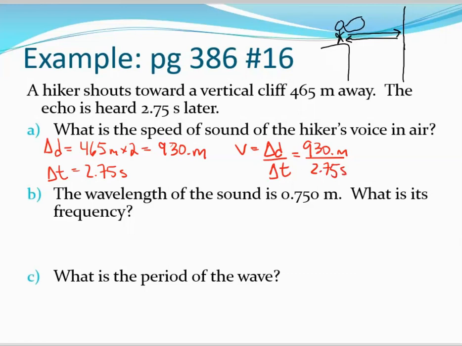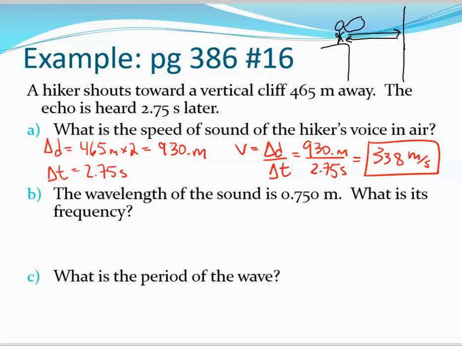Okay, so plug that into your calculator and round it to 2 sig figs, and I get 338 meters per second. Okay. Now I've done so many of these problems that I know that that's about right for the speed of sound. It's a really big number, okay? Of course, but you still sometimes hear the delay, the echo, when you're far away from something.